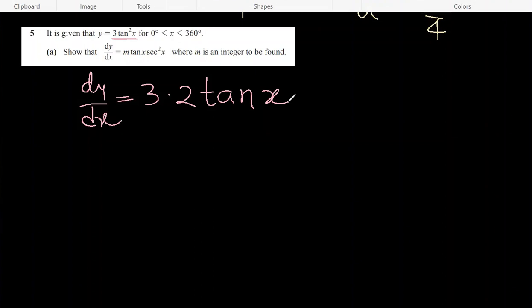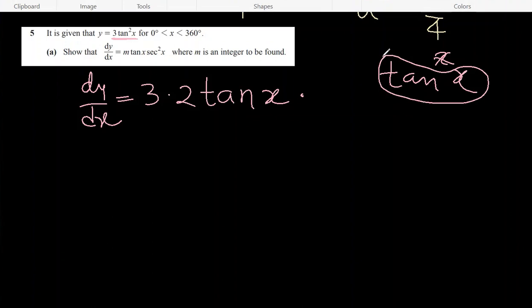But in the power of function rule, we further multiply the whole differentiation by the differentiation of the one which had the power. What had the power in this? Tan squared x. The square has been taken care of. The base which had this exponent is differentiated next, and the differentiation of tan x is secant squared x.